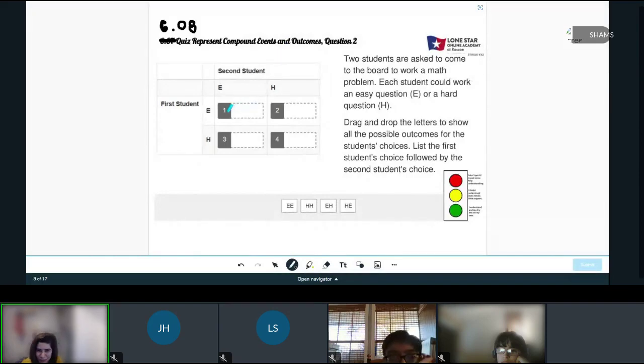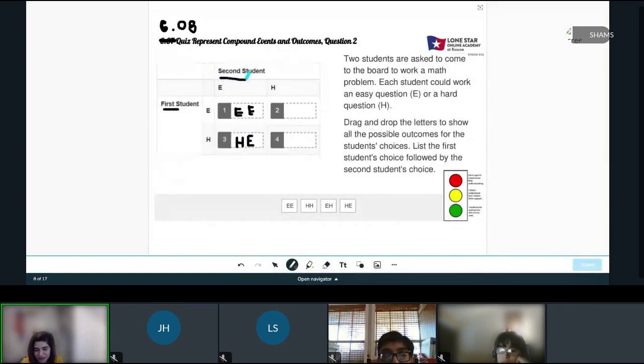So here we are. Box 1. If I go to the left, it says letter E. If I go up, again it says letter E. Box 3, if I go to the left, it says letter H. If I go up, it says letter E. Always read these, because it says first student, second student. The first student is going to be the first letter.